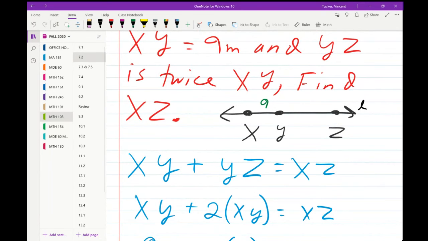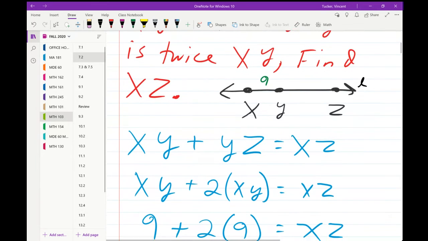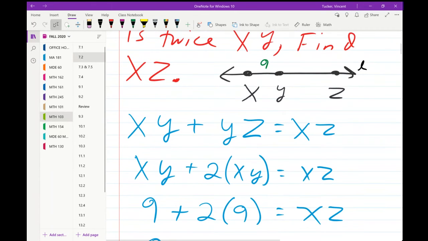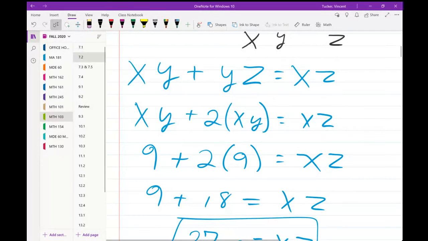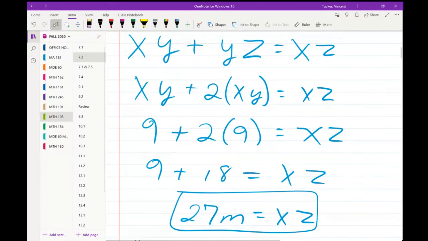And they told us the relationship that YZ holds is twice XY. We know XY is equal to 9, so I also put XY equal to 9 right here. So that's 2 times 9. 2 times 9 is 18. 9 plus 18 is 27.